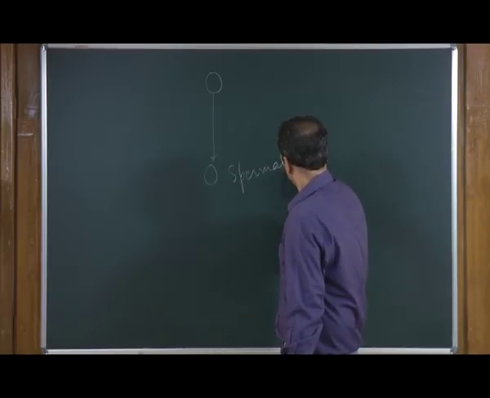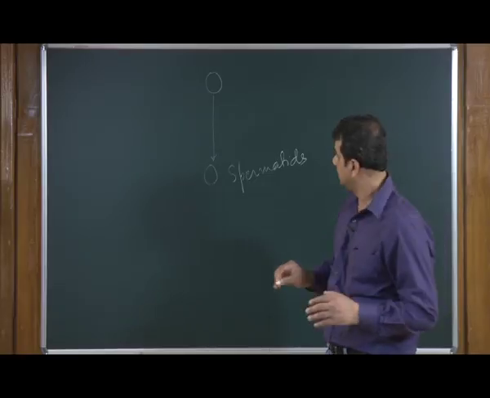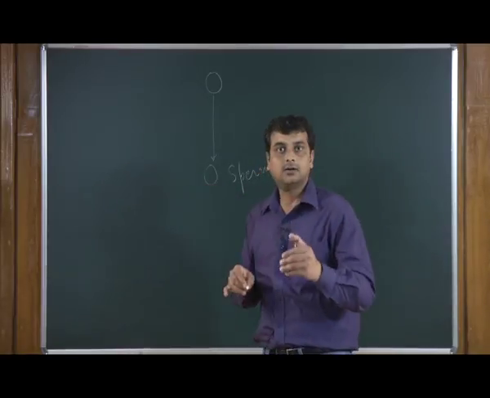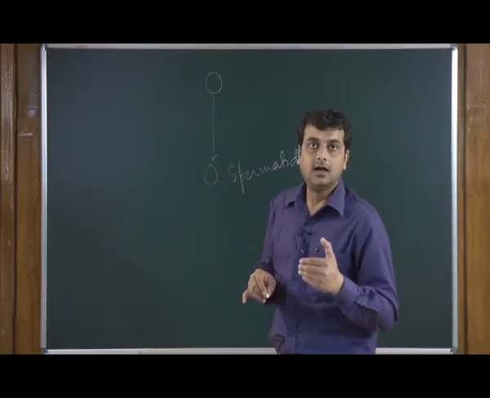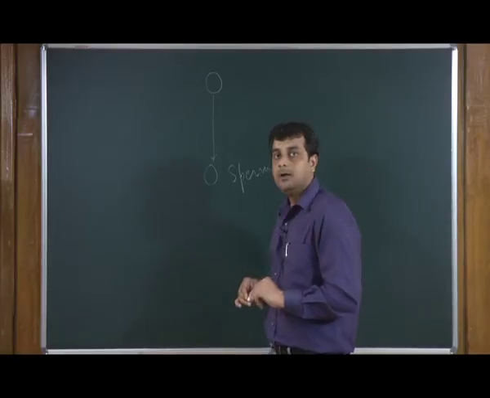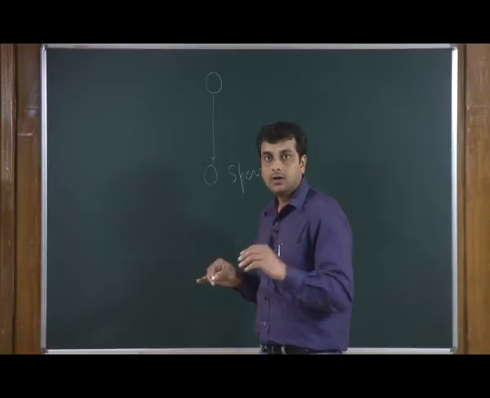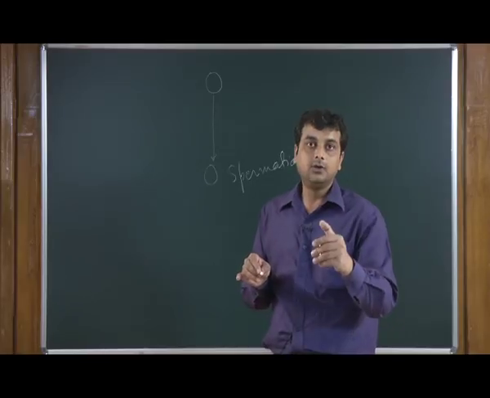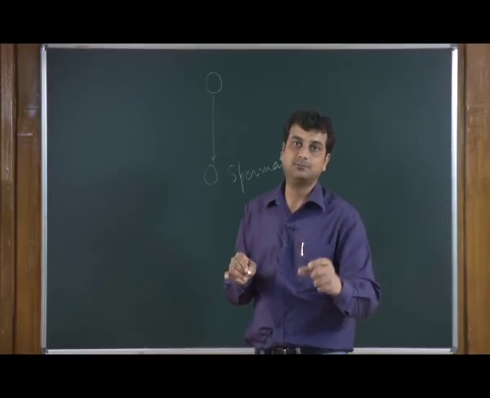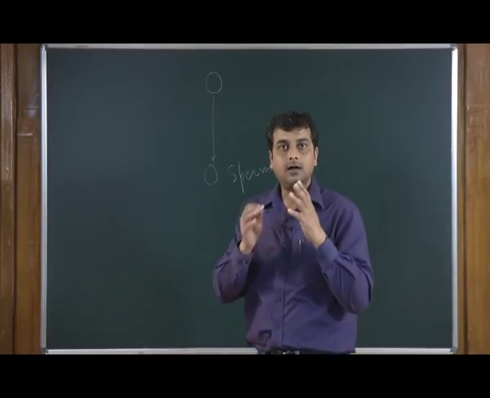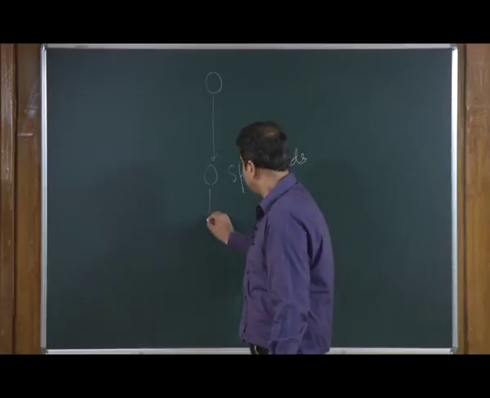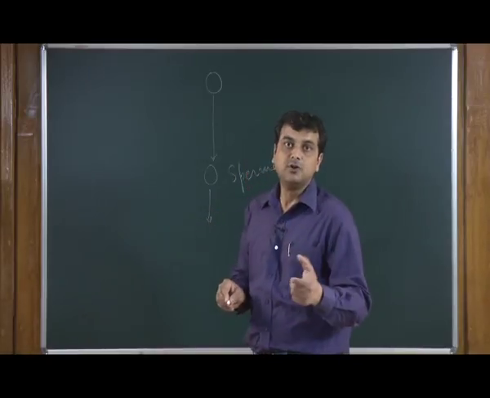Spermatids are the last product of the whole cell division during the formation of a sperm. But spermatids convert into the motile form of the sperm, the actual developed form, by a process called spermiogenesis.